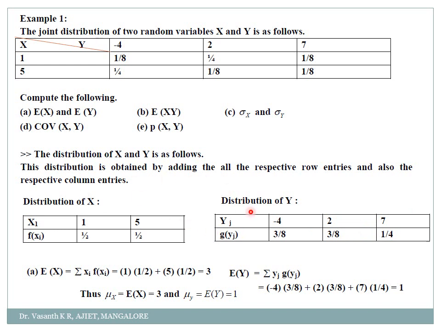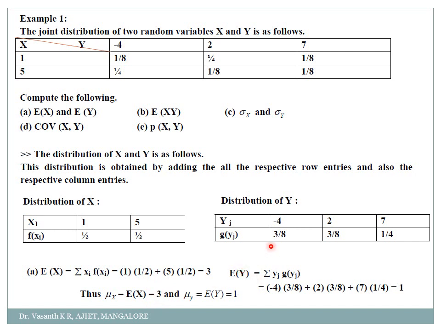Okay. Now, I will go for the first question. What is my first question? Find expectation of x and expectation of y. Now, is it not easy? So, what is expectation of x? Expectation of x is summation of xi into p of xi, correct? So, it is like 1 into 1 by 2 plus 5 into 1 by 2. Add it. How much I will get? 3. So, expectation of x is 3.